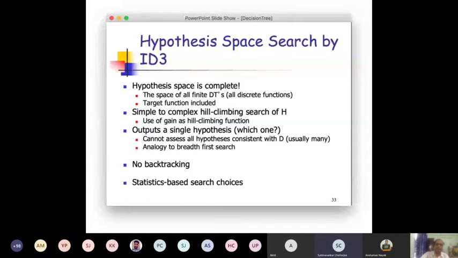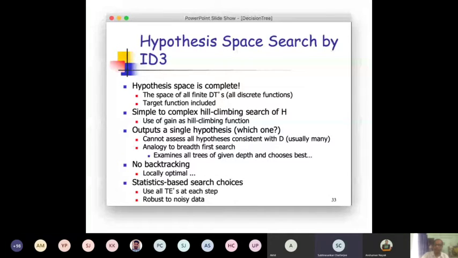Okay. So these are the things we discussed, and as I say, no backtracking. And statistics-based search choices, we understand that. We are using the class distribution over the training examples at hand at that node, and depending upon the measure of entropy over that distribution, you are choosing the attribute. That is the criterion we have applied.